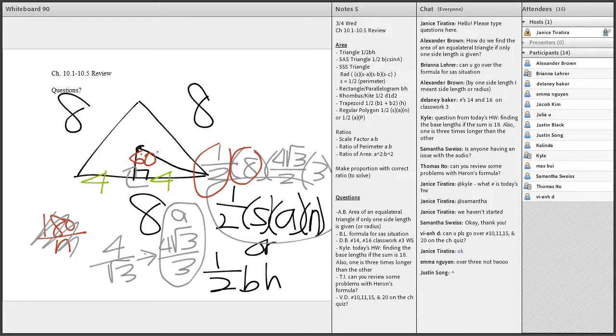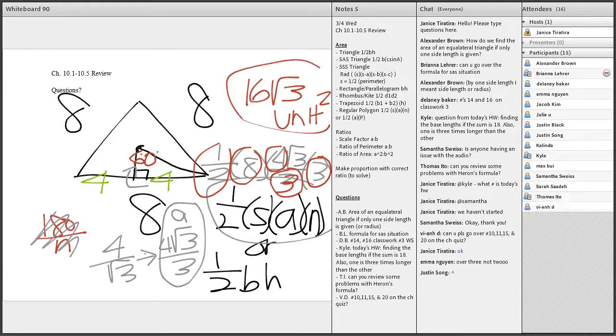Then 4 times 4 is 16, and then 16 times 3 is 48. And then 48 divided by 3 is 16. So our final answer will be 16 rad 3 square units.